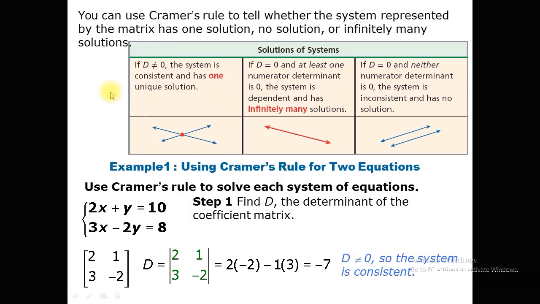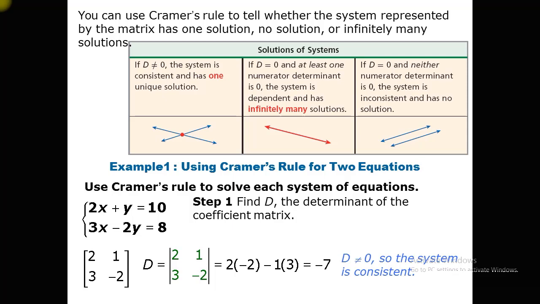Now dear students, you can use Cramer's rule to tell whether the system represented by the matrix has one solution, no solution, or infinitely many solutions. We learned in the previous lecture that the solution of a system of non-homogeneous linear equations has three possibilities.